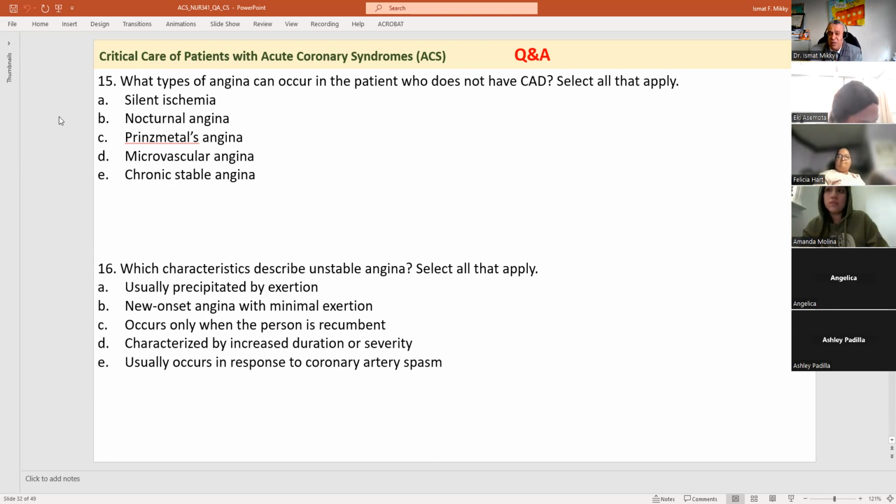So an example of that would be the spasm, like in Prinzmetal angina, C, right? And the microvascular angina. They may occur in the absence of coronary artery disease. Prinzmetal angina, for example, is from the spasm of the coronary arteries.